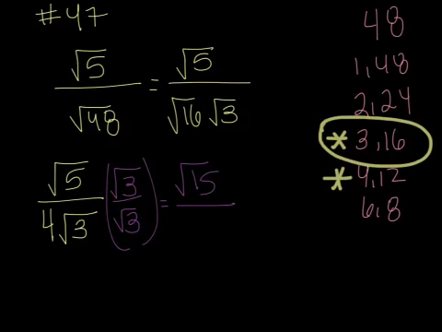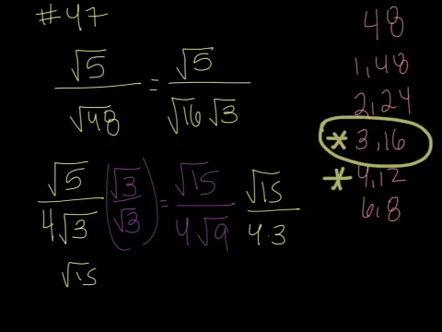And then when I multiply 4 radical 3 by radical 3, we get 4 times radical 9. We know that 9 is a perfect square, so again, we're going to have radical 15 divided by 4 times 3. And our final answer is radical 15 divided by 12. And that is our final answer for number 47.